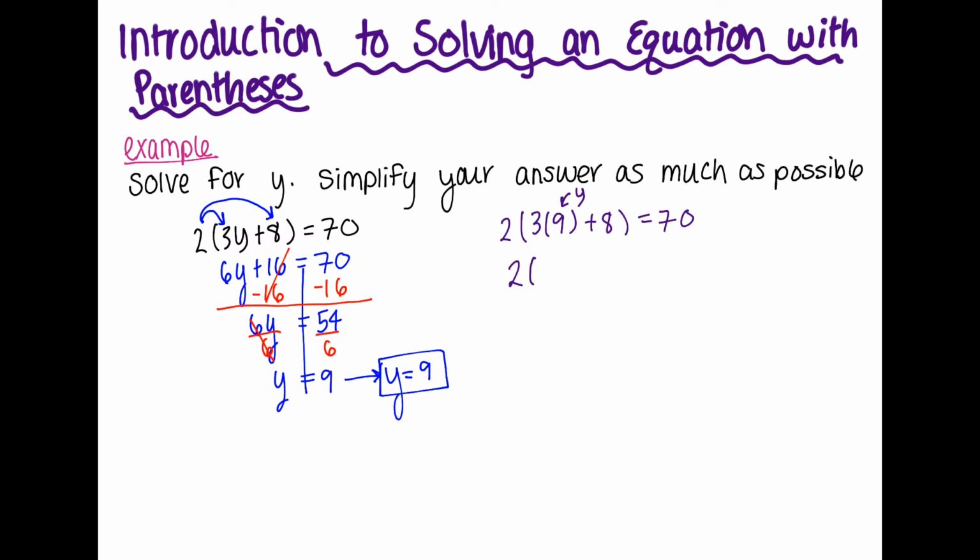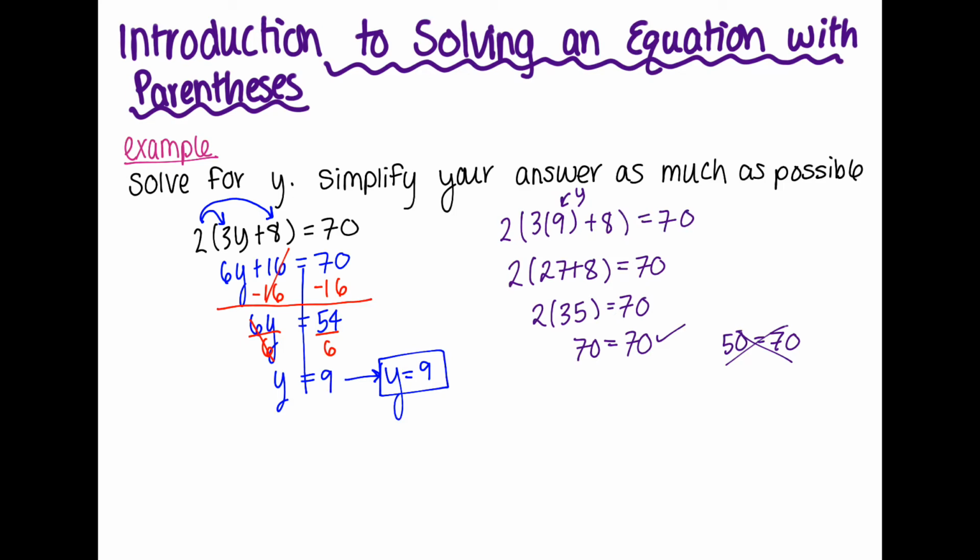I'm going to go ahead and just do it by hand. 3 times 9 is going to be 27, plus 8 equals 35, 2 times 35 equals 70. Yep, that works, because I got 70 equals 70, which is a true statement. If you got something like 50 equals 70, that would be bad. That means your answer is not right, or you plugged it in wrong. So we got 70 equals 70. We're good on that one.